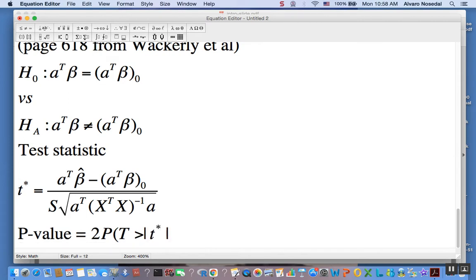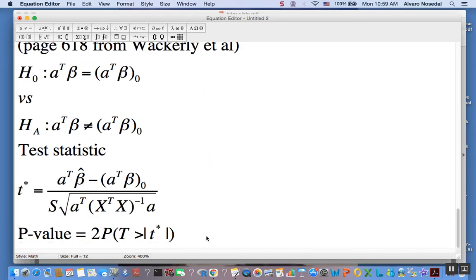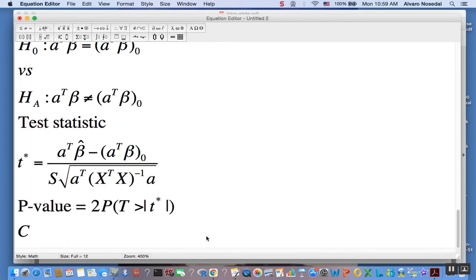We multiply by 2 and use the absolute value because we have a two-sided alternative. And for the conclusion, if the p-value is less than alpha, we reject H0. If the p-value is greater than alpha, then we fail to reject the null hypothesis.